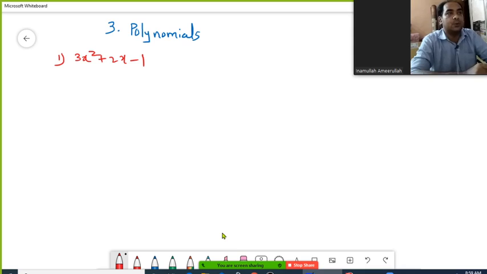Numbers means coefficient, variable means unknown variables. So in this expression, this 3, 2, minus 1 are coefficients or numbers, and this x square and x is a variable. So this is an example of polynomial.